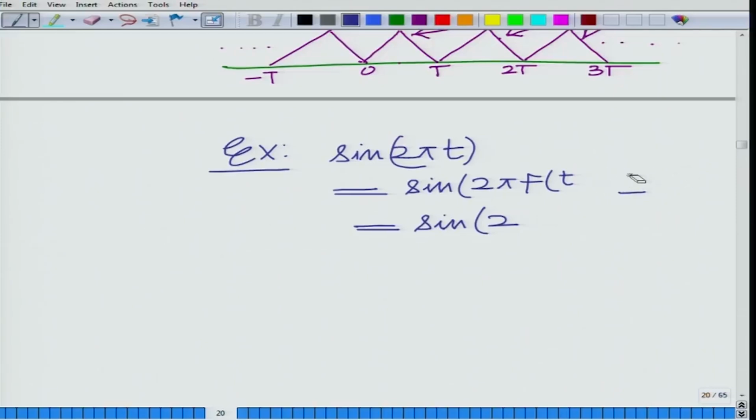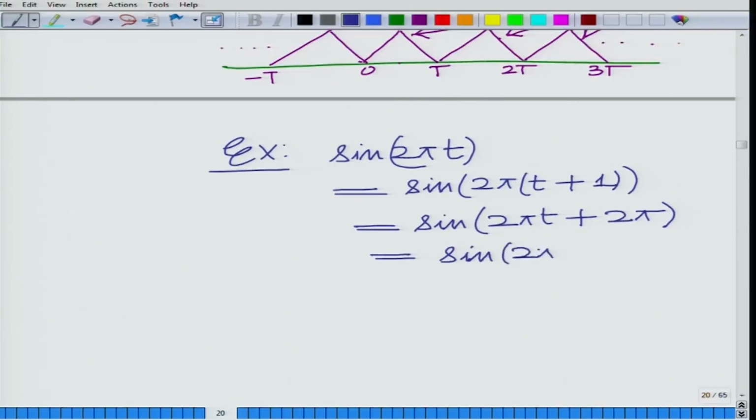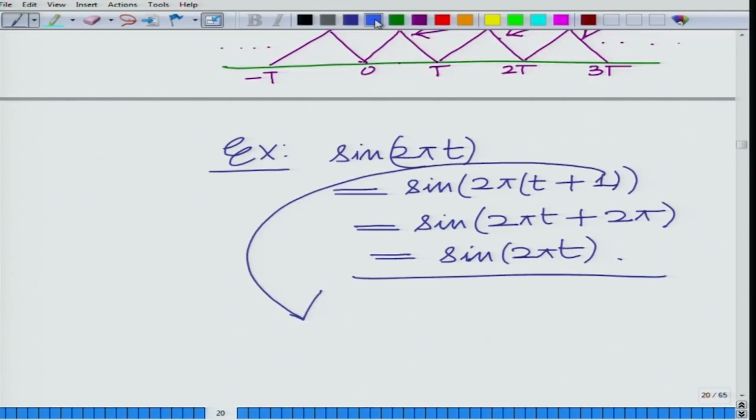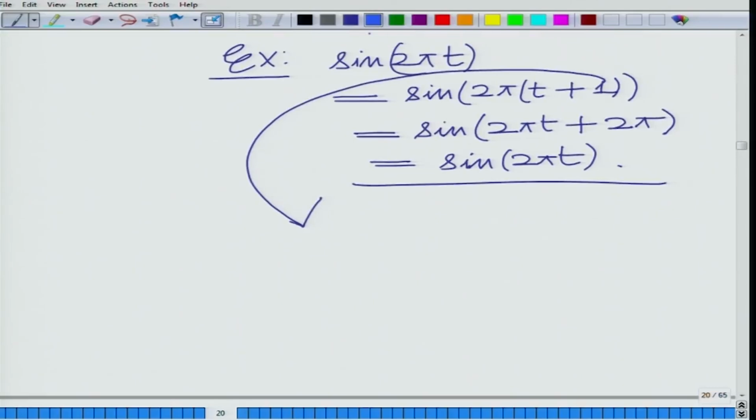So sine 2 pi t plus 1 is equal to sine 2 pi t plus 2 pi, and sine of theta plus 2 pi is sine of theta. So this is again equal to sine of 2 pi t. So this is a period of sine 2 pi t, T equal to 1.